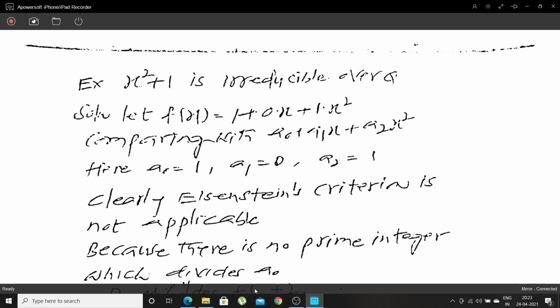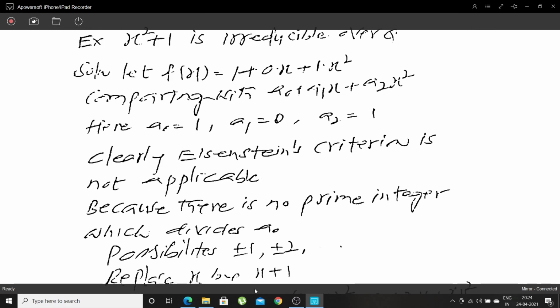For any rational number, it will not be 0, as we did when we solved examples earlier. But we have to solve the same example by using this standard beautiful theorem, that is Eisenstein criterion. I'll denote the polynomial by f of x.